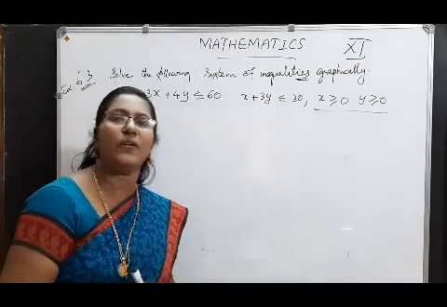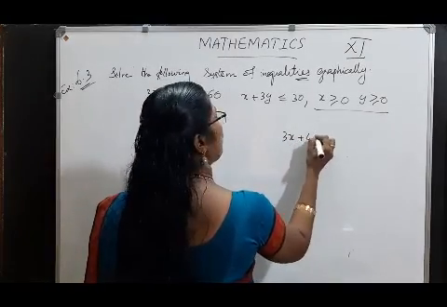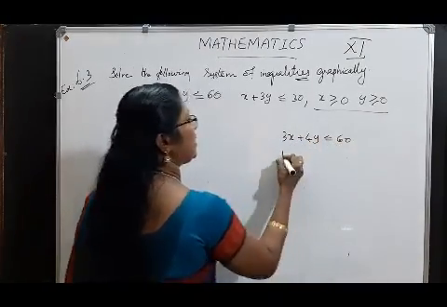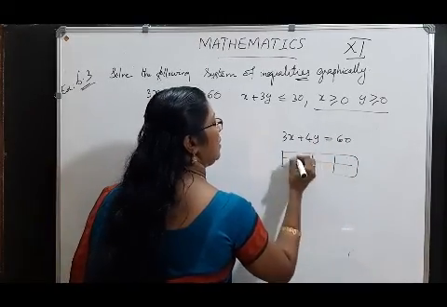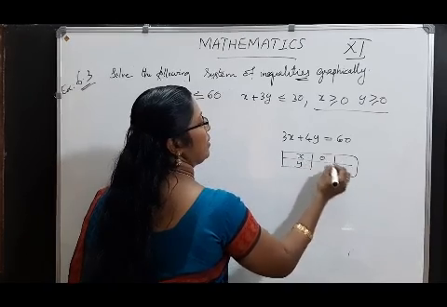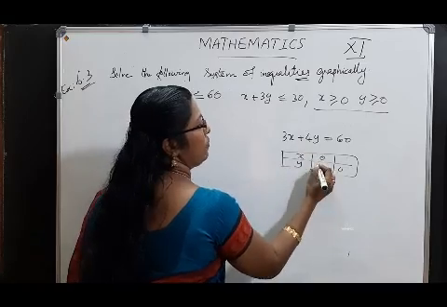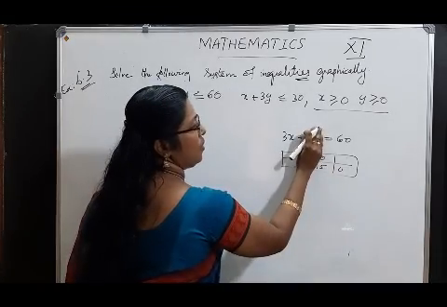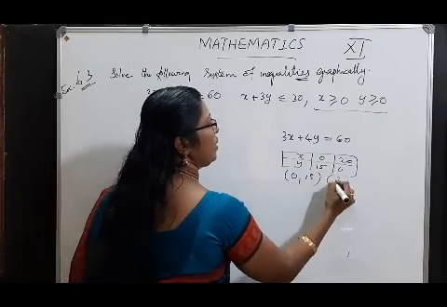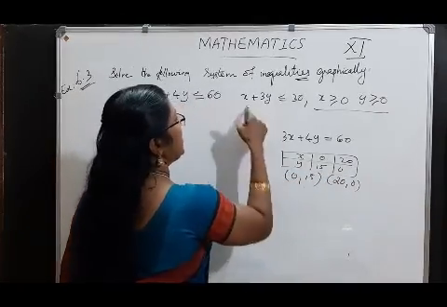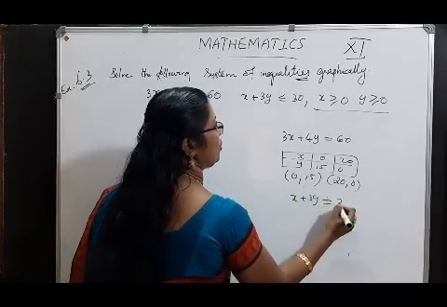So for 3x plus 4y equal to 60: x is 0, y is 15; y is 0, x is 20. Then the second one, 3x plus y equal to 30.